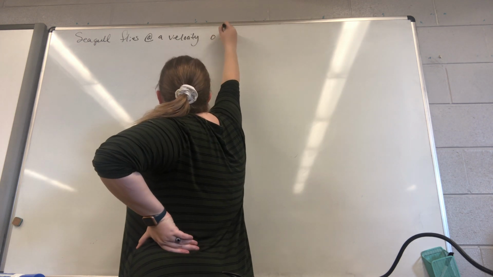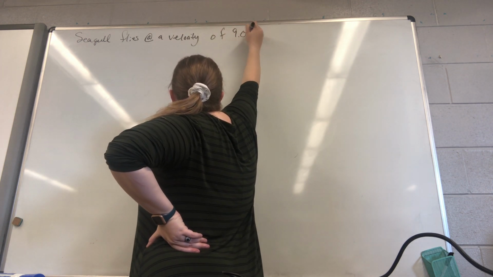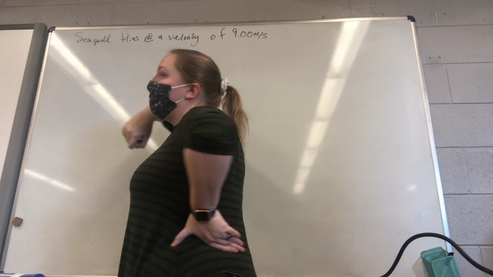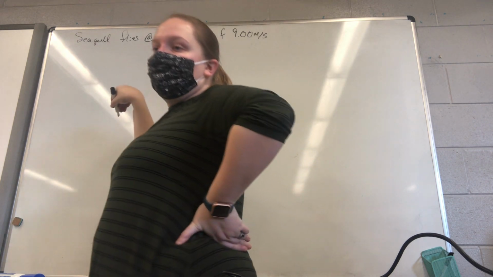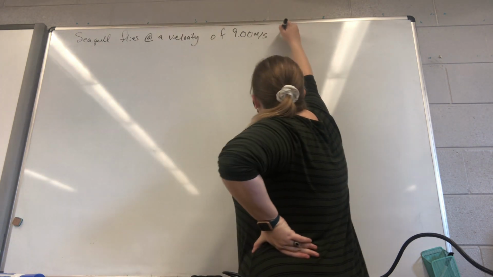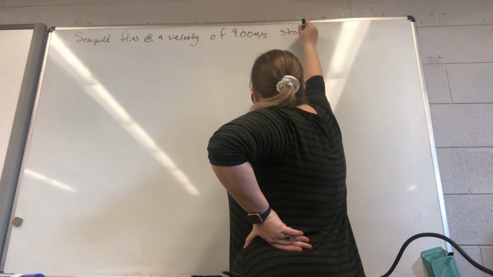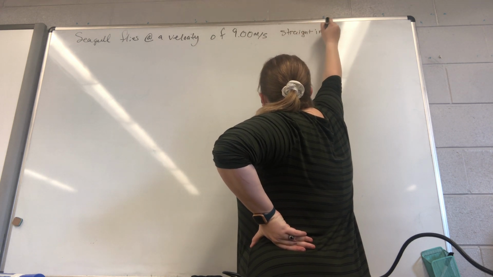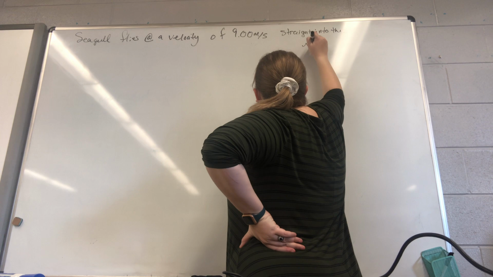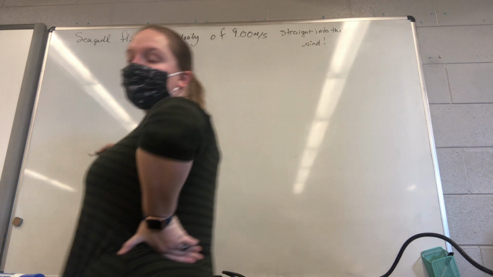A seagull flies at a velocity of 9 meters per second. Remember that in this chapter we talked about the term relative to something. This one is straight into the wind. Okay.